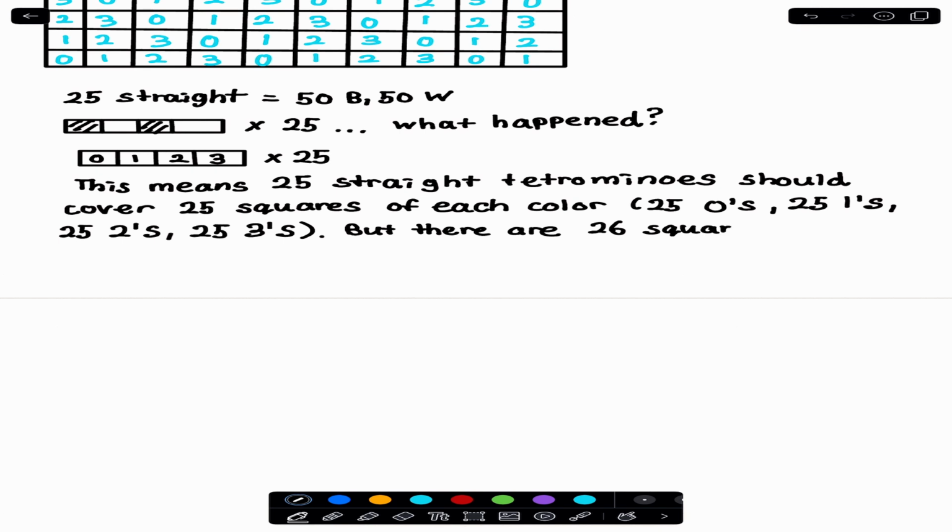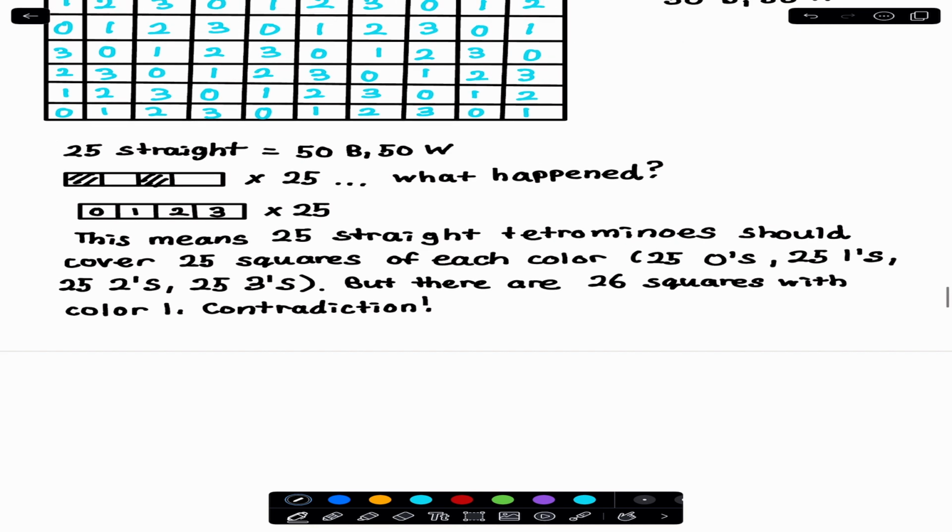So how many are there? There are 26 squares. So that's why this is not going to work. That's our contradiction.